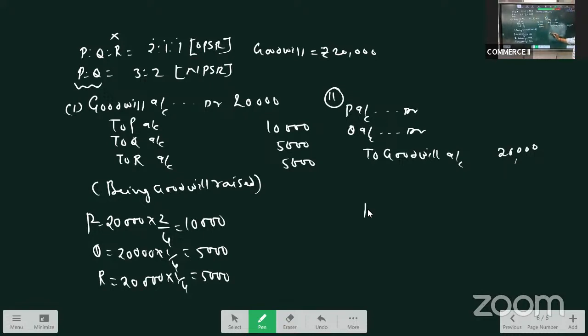So P will get 20,000 into 3/5, that is 12,000 debited to P, 8,000 debited to Q. Goodwill is debited with 20,000 and credited with 20,000. Goodwill account gets closed. As such, it will not appear in the balance sheet. So this is the goodwill treatment. Have a look at it once.